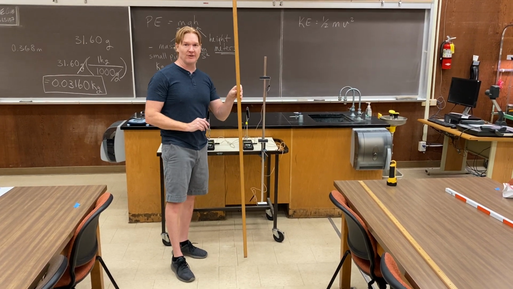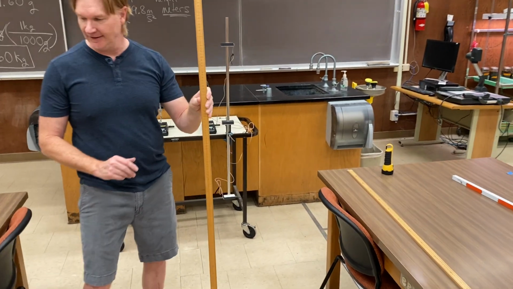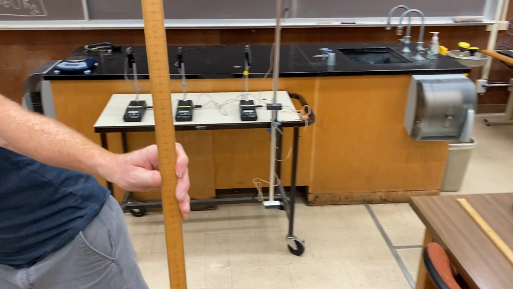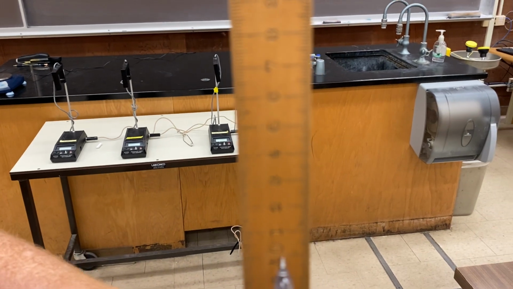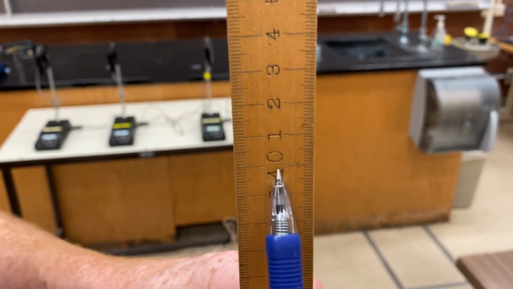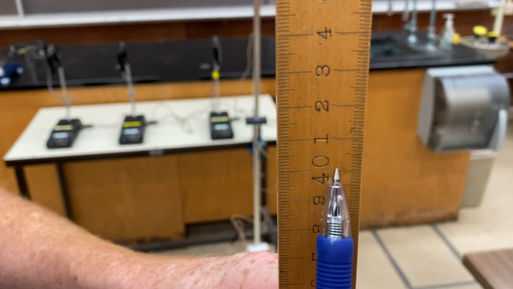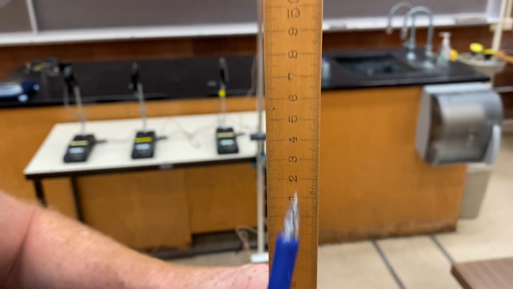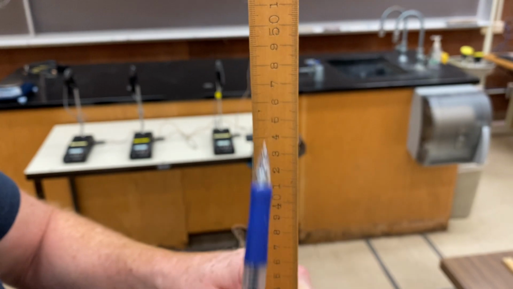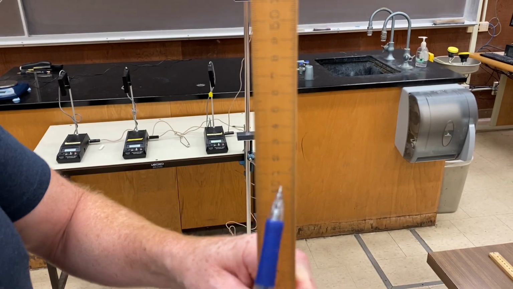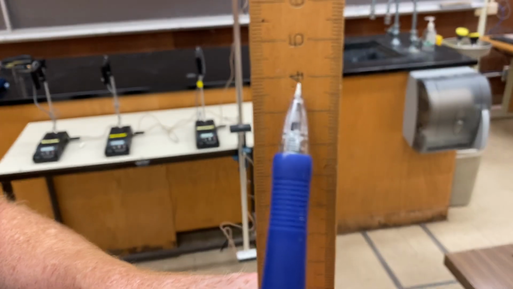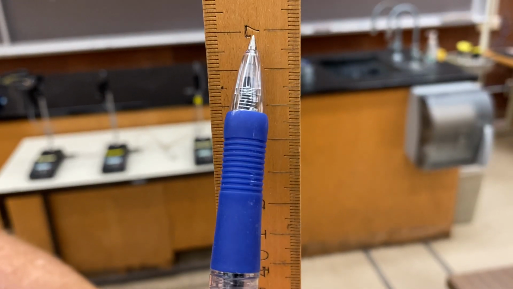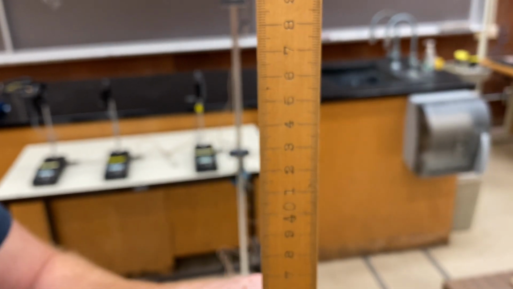And if we look closely at this, we can see that we have these little lines scribed on here. These guys right here, where you see a 40 and a 50 and a 60, the difference between here and here is 10 centimeters, okay? So it's a decimeter. Now these little guys right here, the 2, 3, 4, 5, 6, 7, those are centimeters.